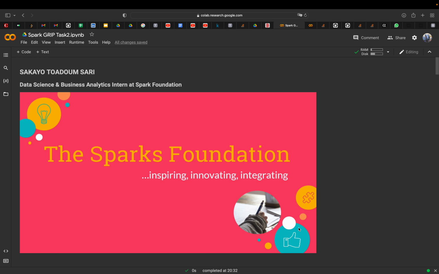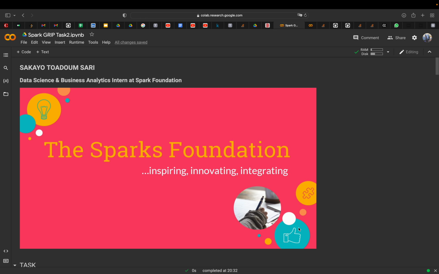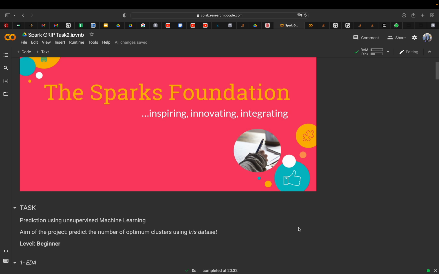So today I will present Task 2 of my internship, which is a prediction using unsupervised machine learning. The aim is to predict the optimum number of clusters using the iris dataset, a popular machine learning dataset that we use most of the time to learn.